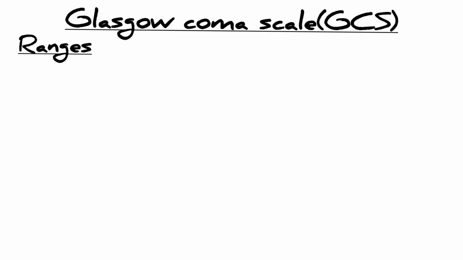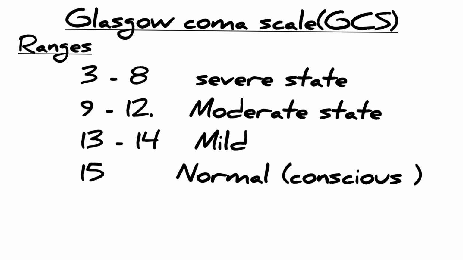So after calculating this total Glasgow Coma score, we present it in ranges, and these ranges help us to grade the severity of the condition of this patient. So we have 3 to 8, that is very severe. These patients need very critical medical intervention very fast, and referral.